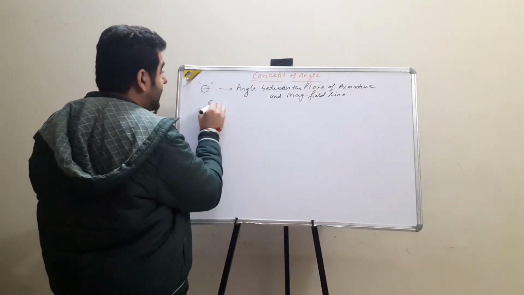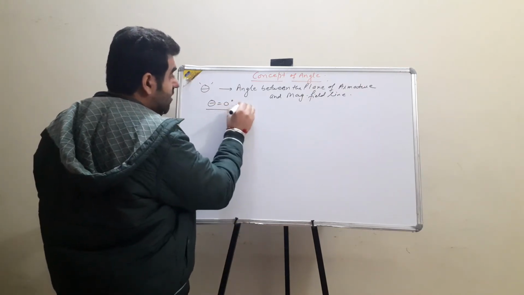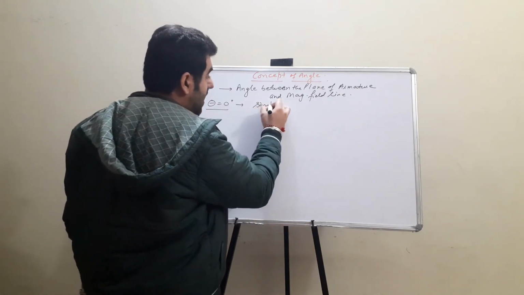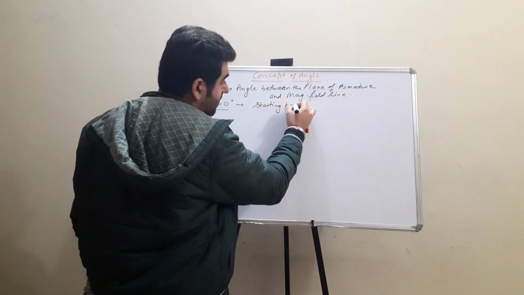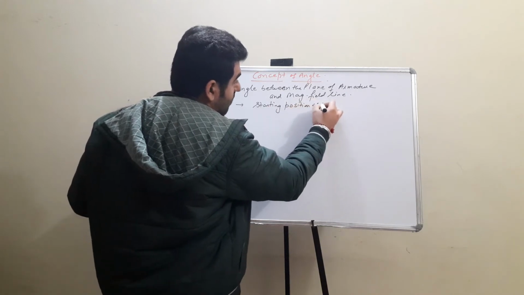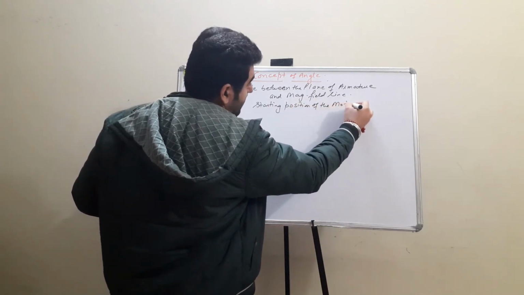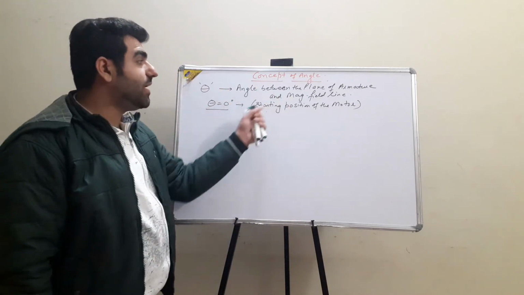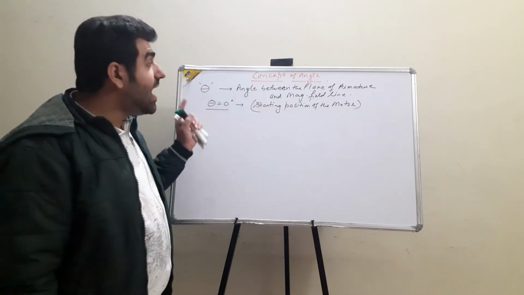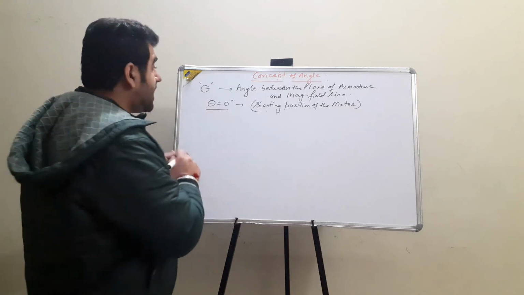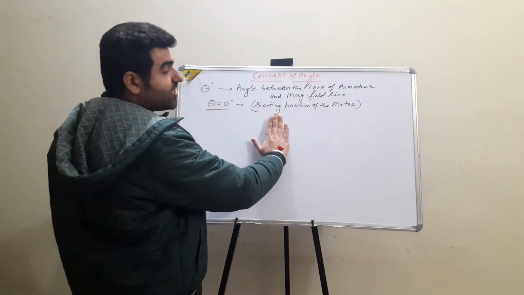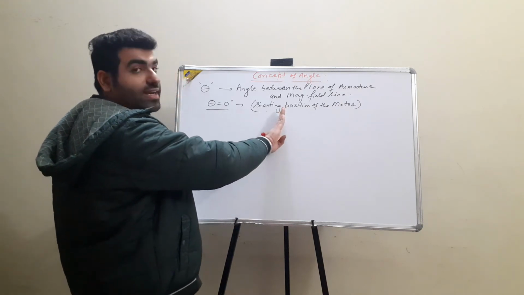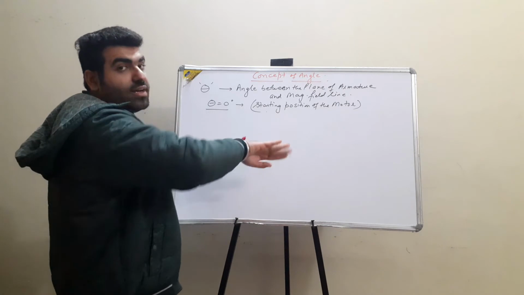And where theta is 0 degrees, we say that 0 degree is the starting position of the motor. If you remember, the armature initially was placed at this 0 degree, and then when it turns 90 degrees, then 180 degrees, and so on.